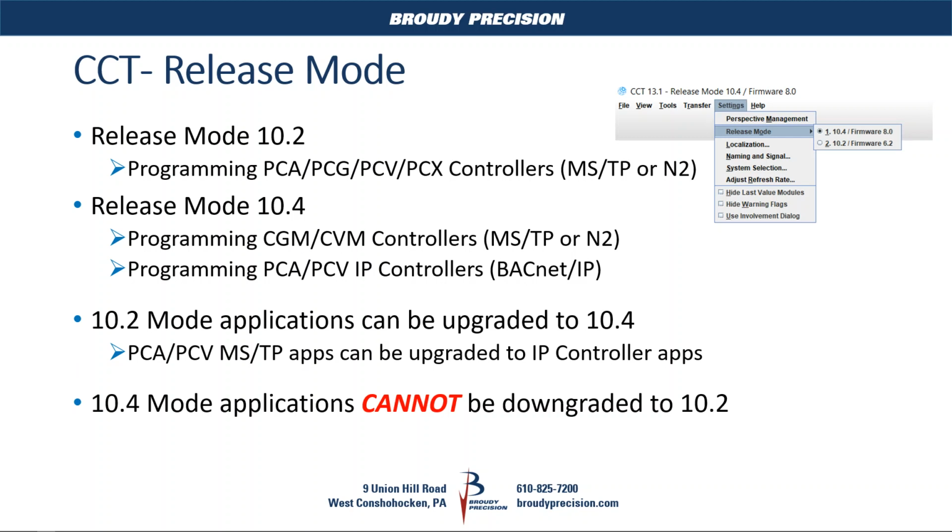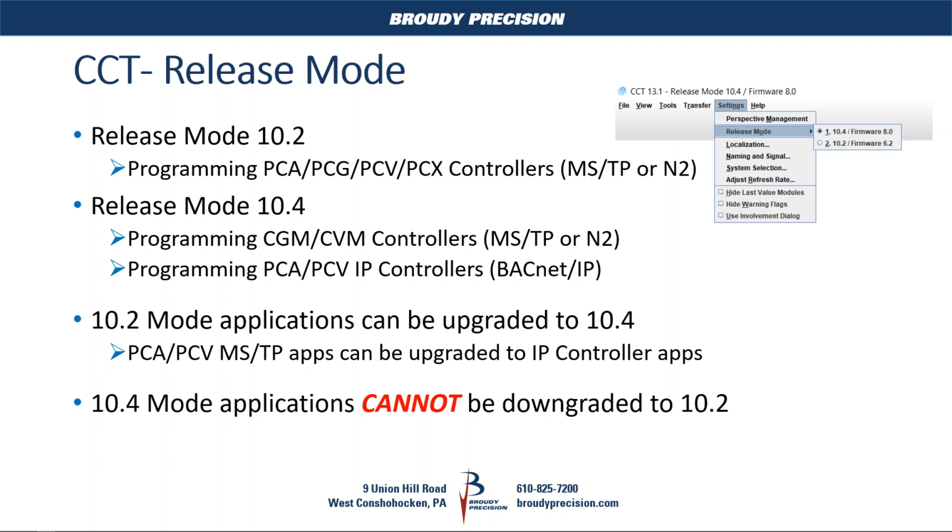If you're working with a 10.2 application, you can actually take that application and upgrade it to 10.4 if you'd like. So if you're working with an MSTP or N2 version using 10.2 mode, and you want to replace those with an IP-based controller, you could do that by upgrading the application to 10.4.